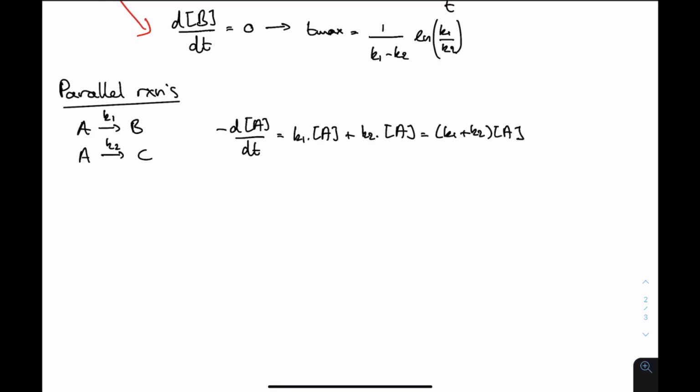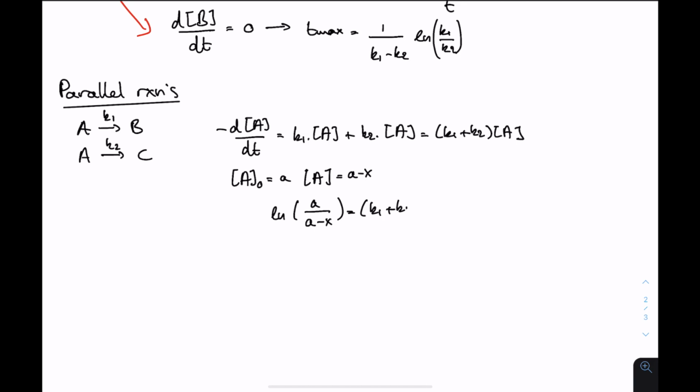Okay, so let's again say that the concentration of A at time 0 is A, and at time t is A minus X. So then the integrated form will be ln A over A minus X equals K1 plus K2 times t.